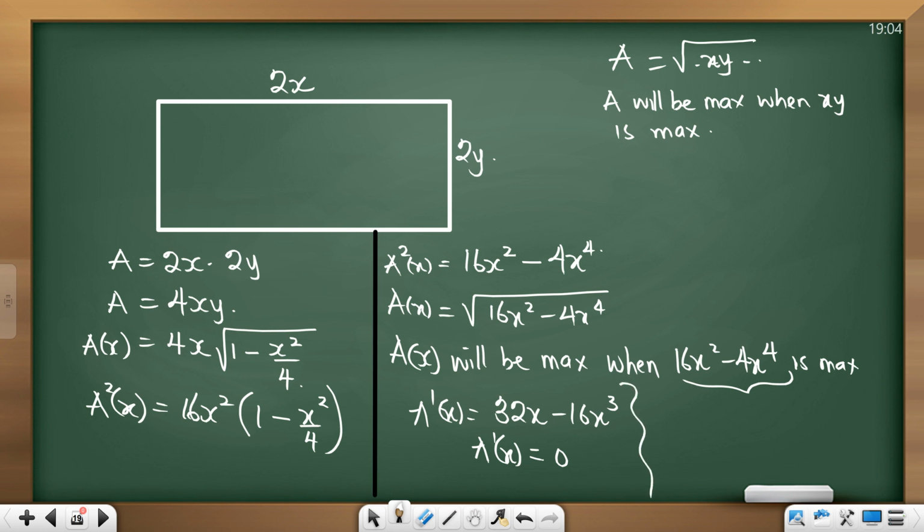So what do we have? 32x minus 16x cubed equals 0. Factor out 16x: 16x times 2 minus x squared equals 0. That's 16x equals 0, or 2 minus x squared equals 0.